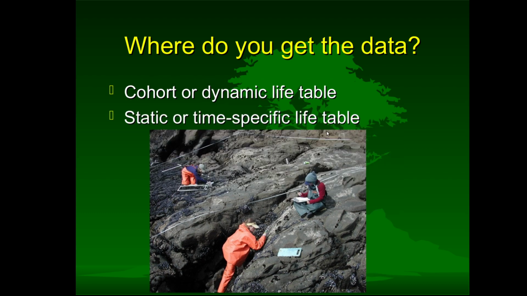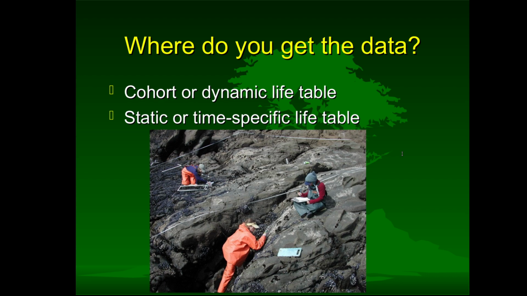Well, this is called the static or time-specific life table. You can do this sometimes very easily by going to a population in nature which contains a mix of individuals of all ages, and then watching that population until a few hundred individuals die and writing down the age at which all of those individuals died.